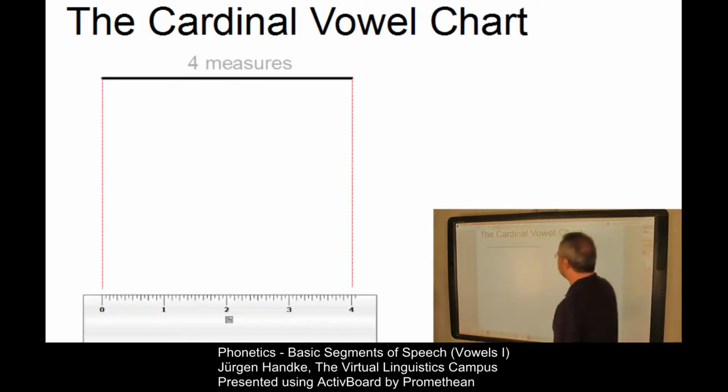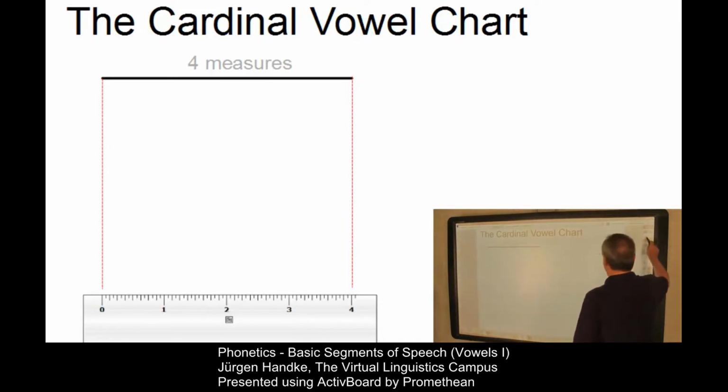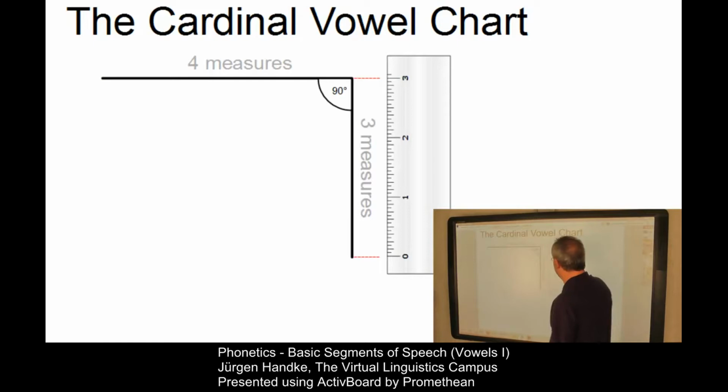First, we need a top line which is 4 measures in length, and it is drawn horizontally. Then we need a second line, the right hand vertical line, which is 3 measures in relationship to the 4 measures of the top line, and the angle between the 2 lines is 90 degrees.